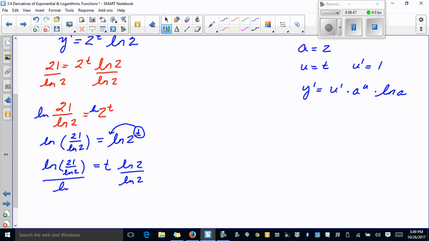Now, we can always use a calculator to estimate this value, but this is going to be just fine the way it is, whatever this value is. Actually, let's go ahead and do this so that we have that calculator idea. Okay, so if we put this one in, I have the natural log of 21 over the natural log of 2, divided by the natural log of 2.